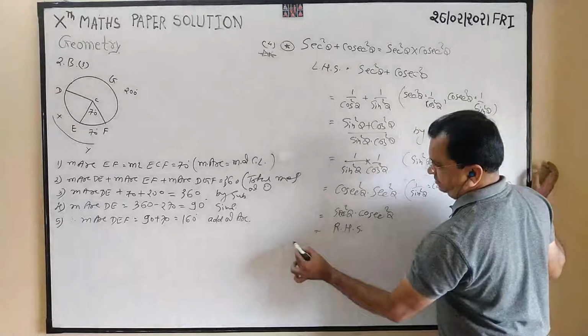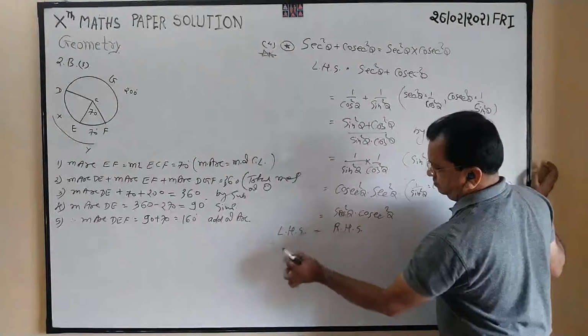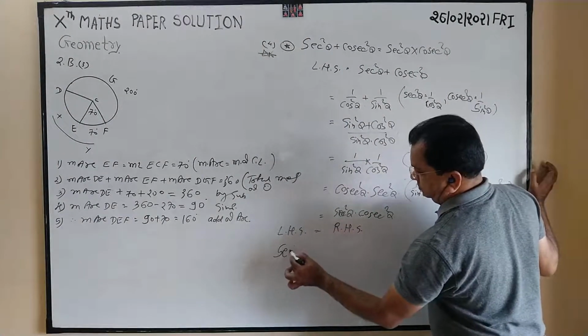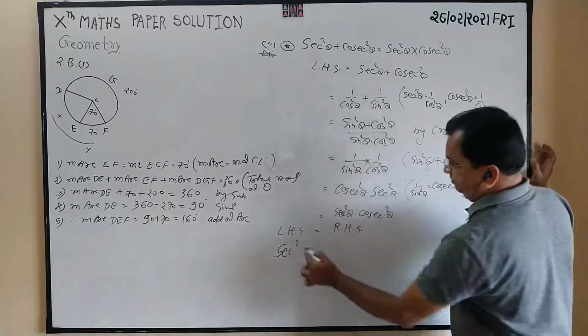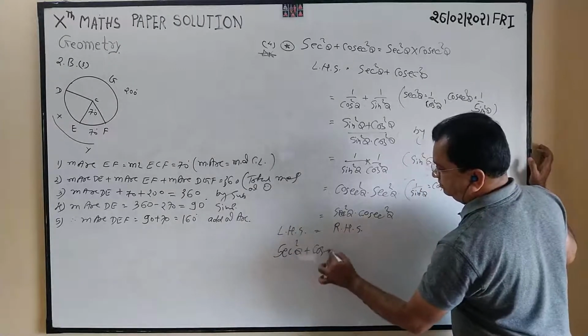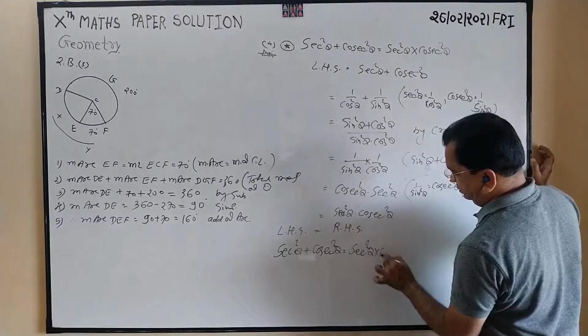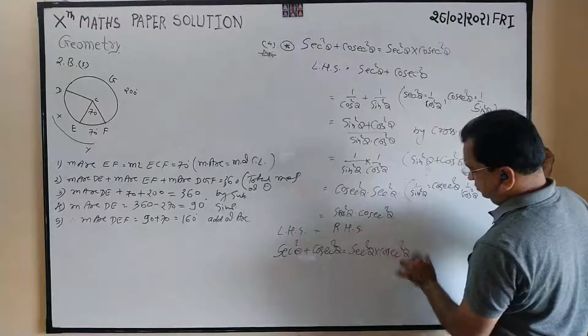Again you have to write sec square theta plus cosec square theta is equal to sec square theta cosec square theta.